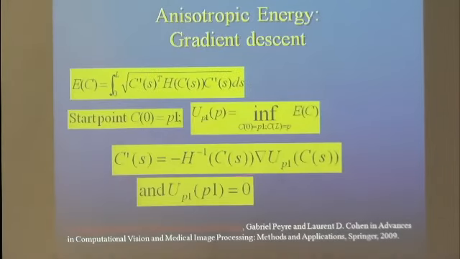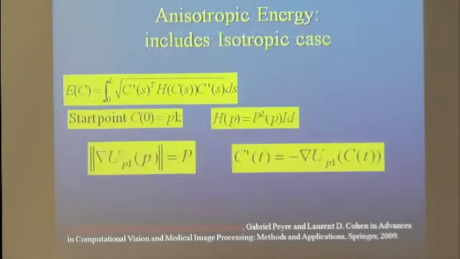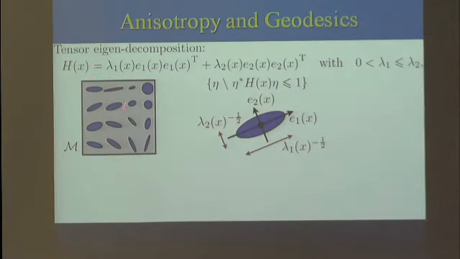So now with this model, what it means is that if at any point you define a matrix H, and this matrix can be decomposed according to two eigenvalues, lambda 1 and lambda 2, assume that lambda 1 is smaller than lambda 2, then the unit ball according to this metric is shown here on different pixels.